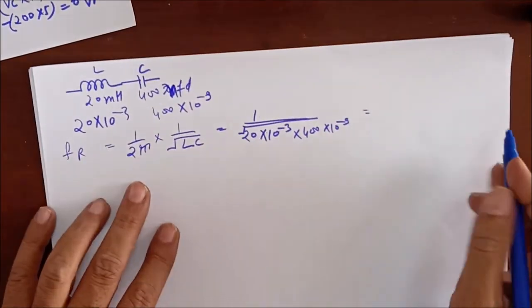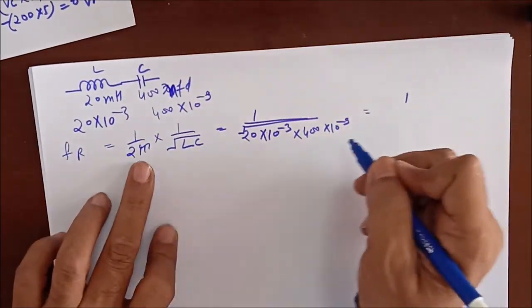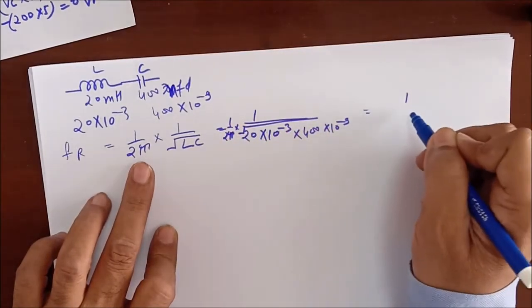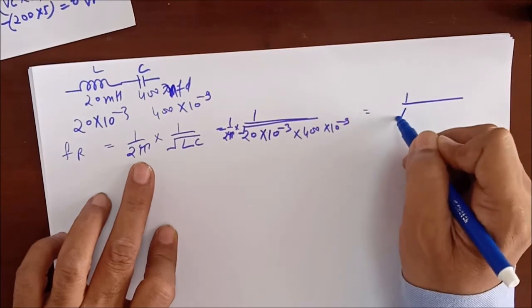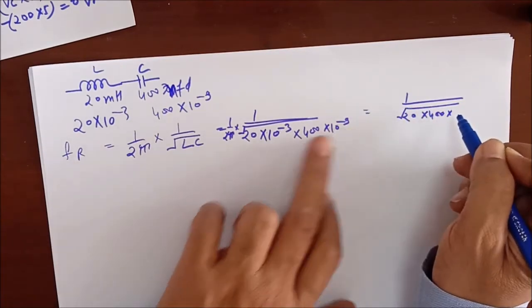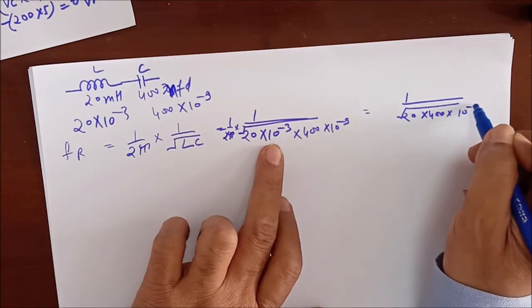Or in other words, I'm better off using 2 pi, otherwise you will be confused. So this is equal to 20 into 400 into minus 9 minus 3, which is equal to minus 12.